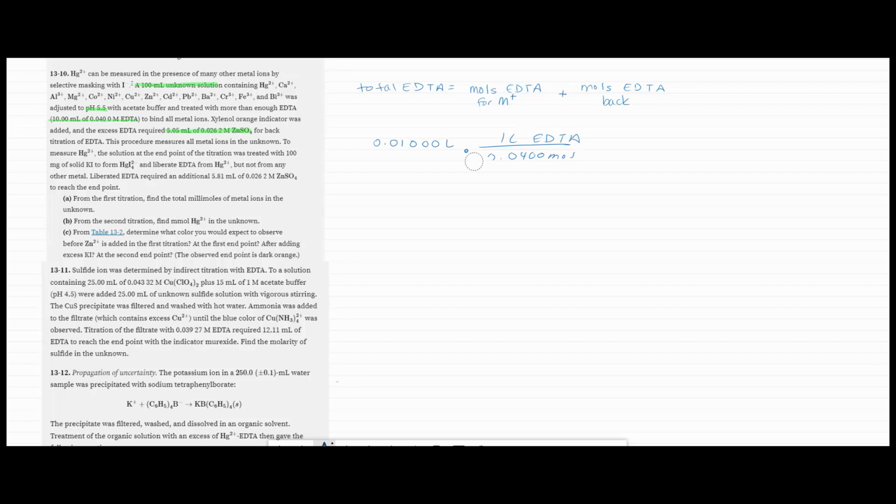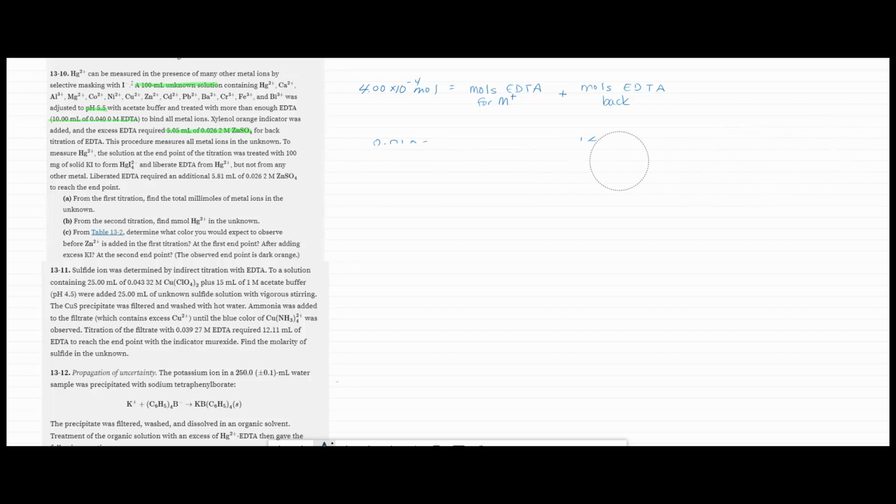I flipped that upside down, so it's 0.04 this way, moles on top. That makes so much more sense. And 1 liter. So then we get 4.00 times 10 to the negative 4. That is moles of EDTA, and that is our total. So that's going to go right here. Let's use scientific notation. I think we need three significant figures for that.